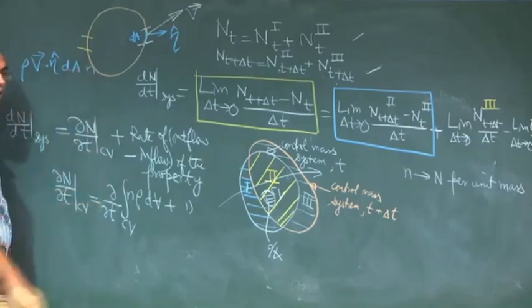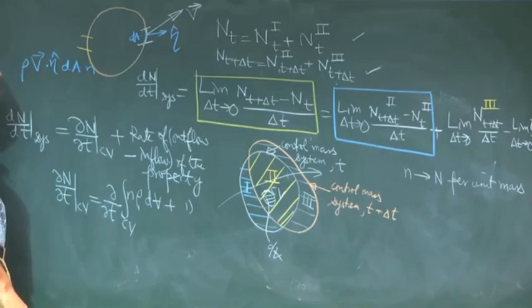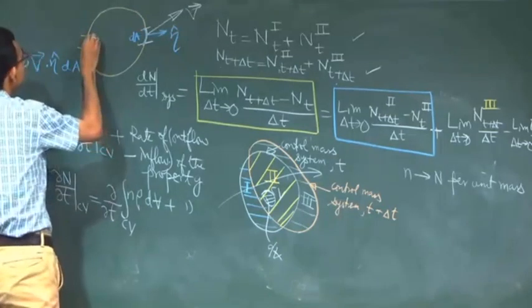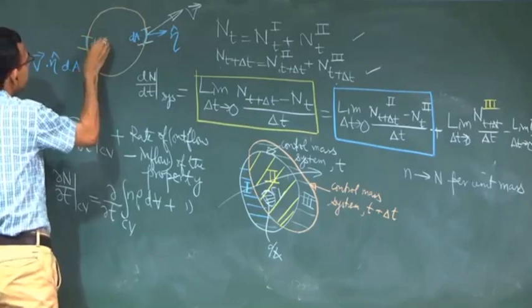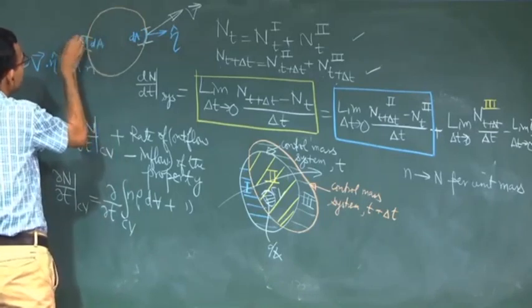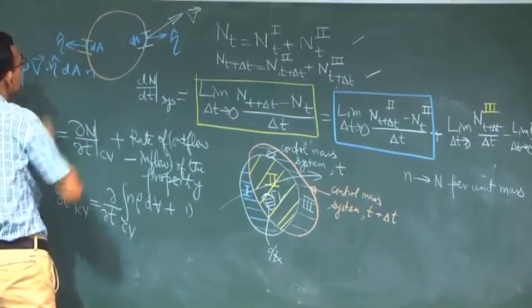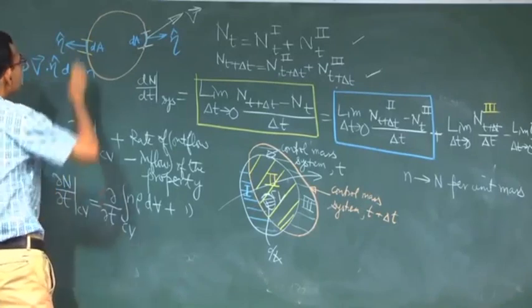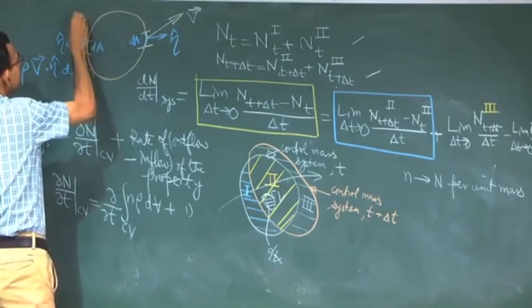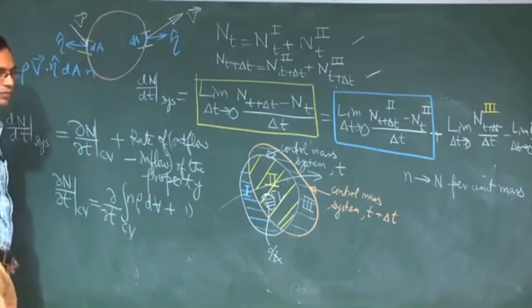This times n, because n is property per unit mass. What happens for the inflow boundary? This is dA, this is the outward normal, and the velocity is in this way because it is inflow.